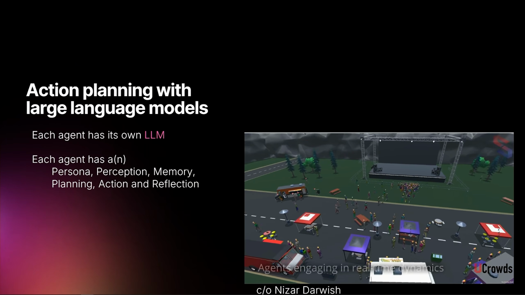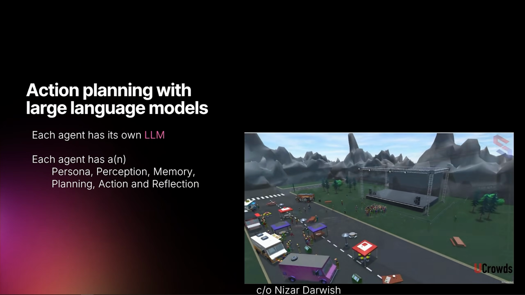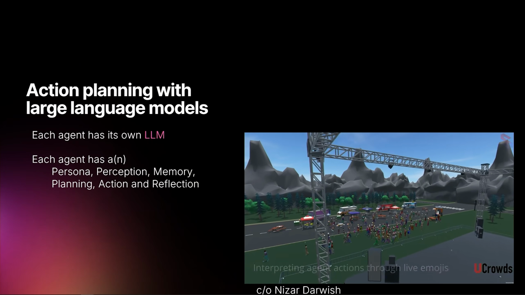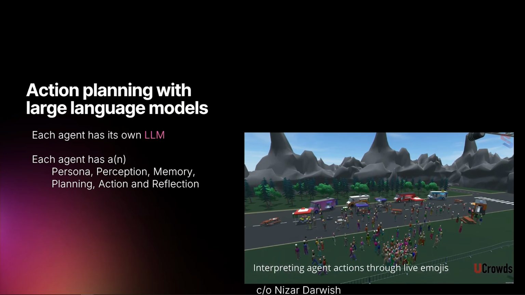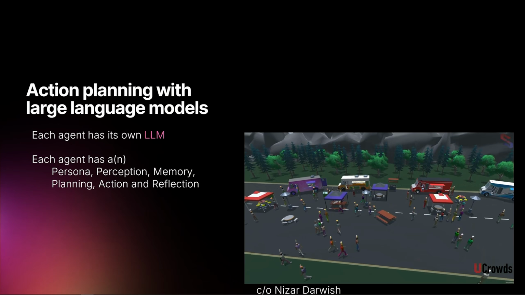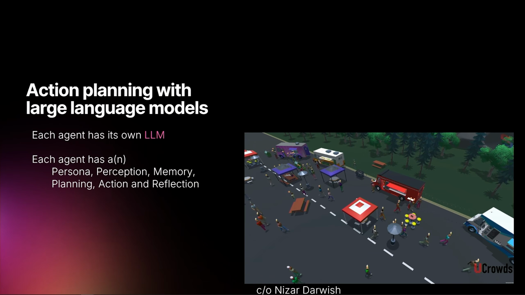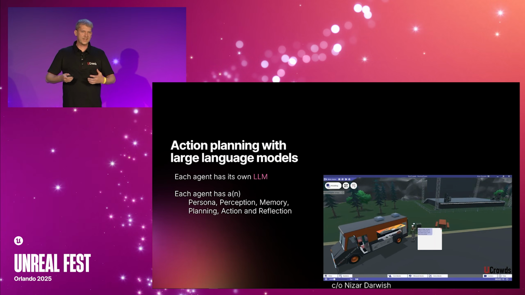And there we applied a large language model to each individual agent. And what we do is each individual agent has a persona, which means that a firefighter will react differently than an officer, a police officer, for instance. They can observe the environment. They know the types of obstacles there are. They can observe other people when they're in groups or not.